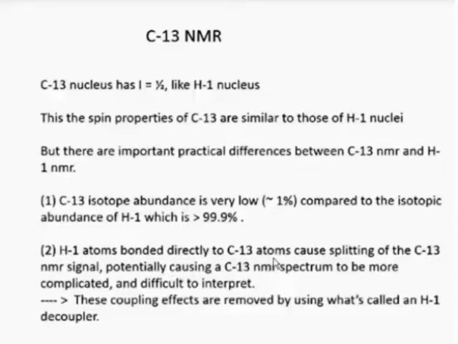Now remember that each proton has an I of 1/2, and that means that protons that are bonded directly to a C13 atom are going to cause spin-spin splitting of the carbon-13 NMR signal. And as a result, the C13 NMR can become very complicated and more difficult to interpret.